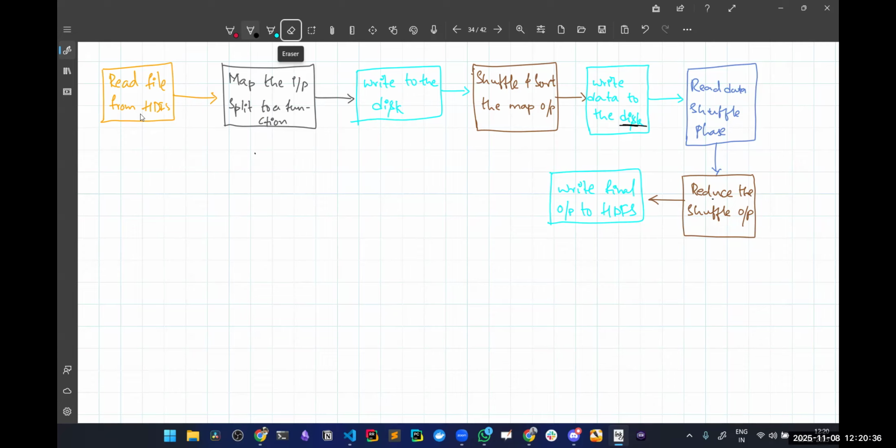The disk here means the disk of data nodes. This disk is not visible to HDFS, basically.